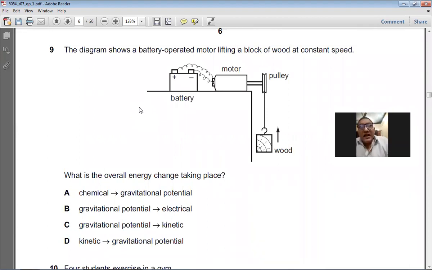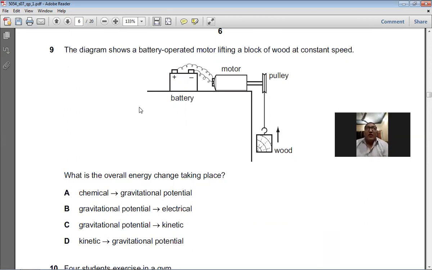The diagram shows a battery-operated motor lifting a block of wood at constant speed. What is the overall energy change taking place? We are using a battery, and that battery has chemical potential energy, which will be converted into electrical, then into mechanical, and finally, because the wooden block goes upward, it will have gravitational potential energy.